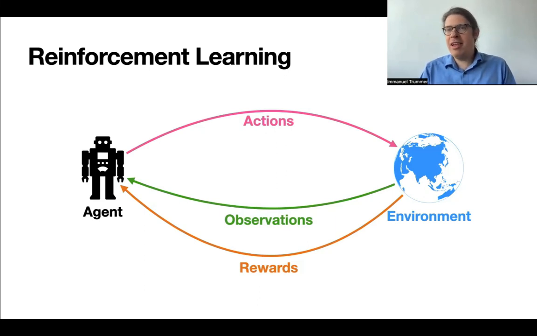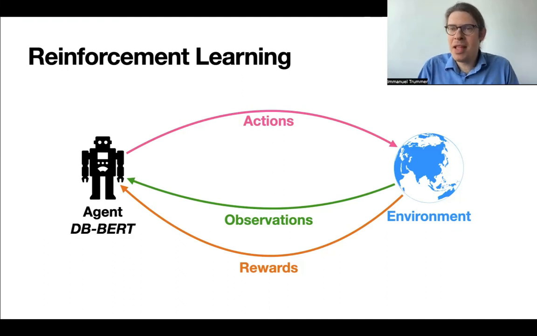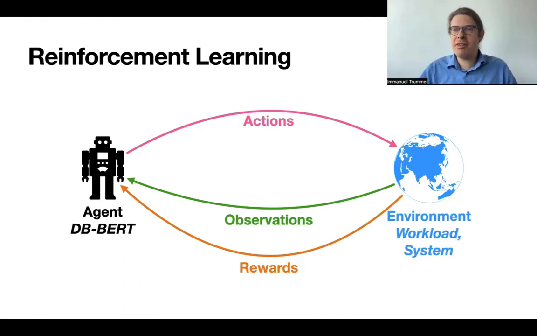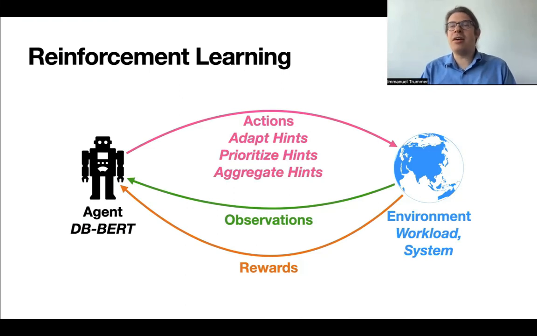Now, specifically in the scenario here, the agent is the DB-BERT system, and the environment is characterized by workload and database system properties. The actions that are available to the agent relate to adapting values recommended in hints, prioritizing between conflicting hints, and deciding how to aggregate different hints into specific parameter settings.